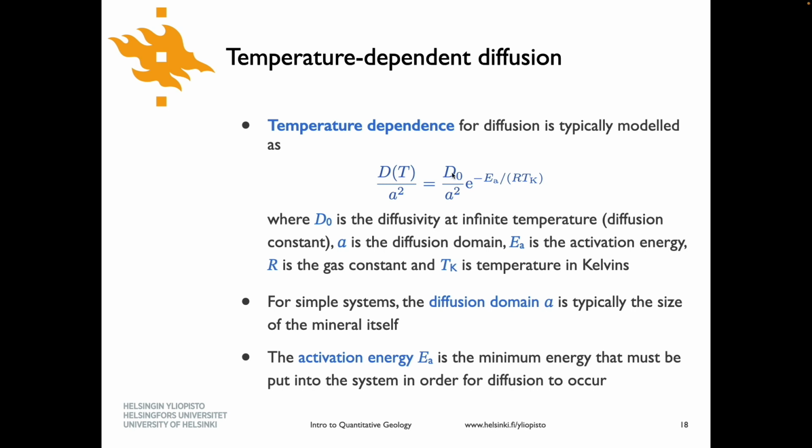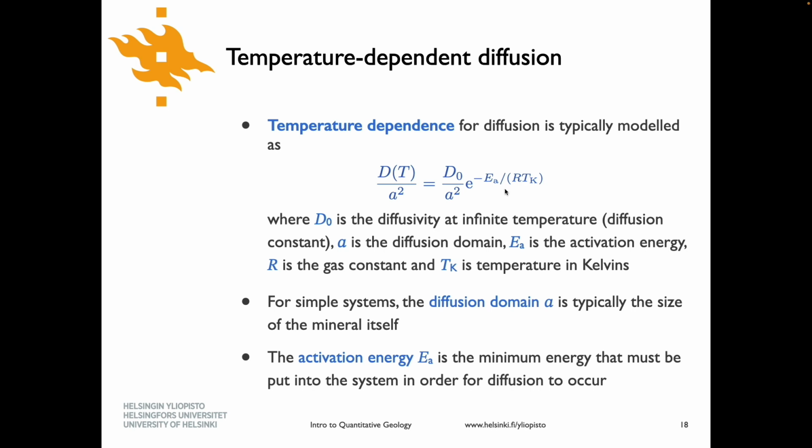So this is a diffusion constant times the exponential, so e to the minus activation energy divided by the gas constant times temperature in kelvins. And this will basically work such that the diffusivity will decay as you go to lower temperatures. And activation energy is basically just the minimum energy that we need to get diffusion to occur. So that's a kind of constant.